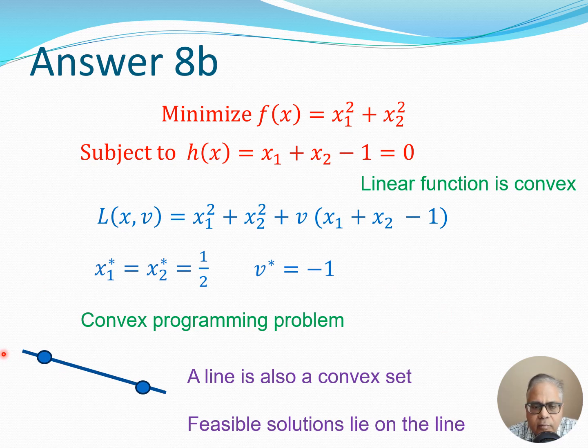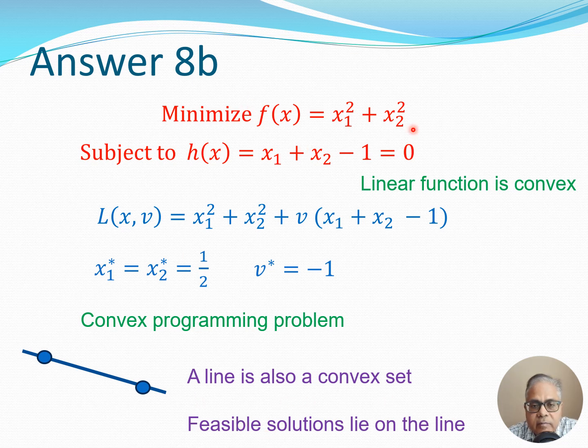Now, one more thing to remember is that the line is also a convex set. So for example, if I have a line here, if I take any 2 points and I draw a line between those 2 points, that line is also going to lie within this line. So any point between those 2 points are also going to be part of the convex set, which is the line itself. So the line itself is a convex set.